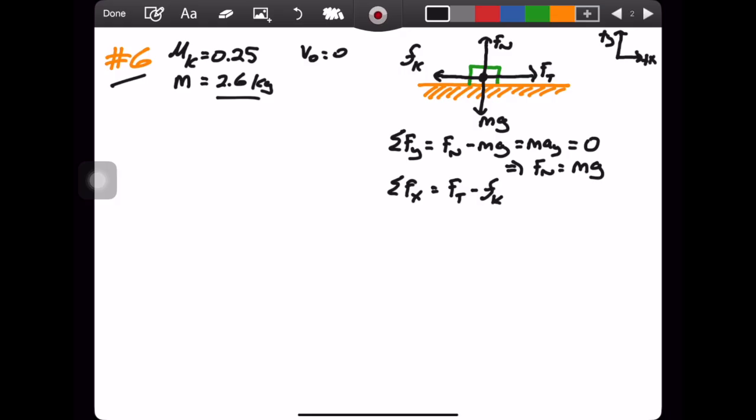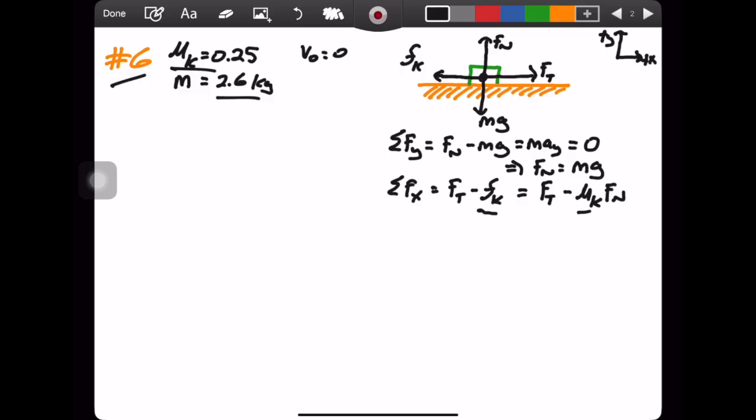The force of kinetic friction can be expressed as the product of the coefficient of kinetic friction multiplied by the normal force. So I'm going to say that this is, again, the force of tension minus, and now what I'm doing is I'm rewriting this term right here. And so by rewriting this term, I have a coefficient of kinetic friction, that's this value that we've already been given, multiplied by the normal force.